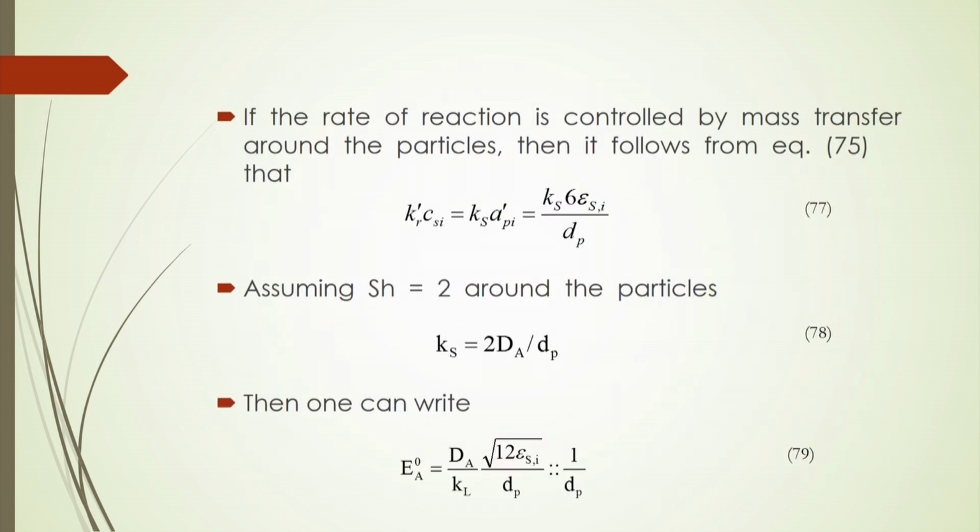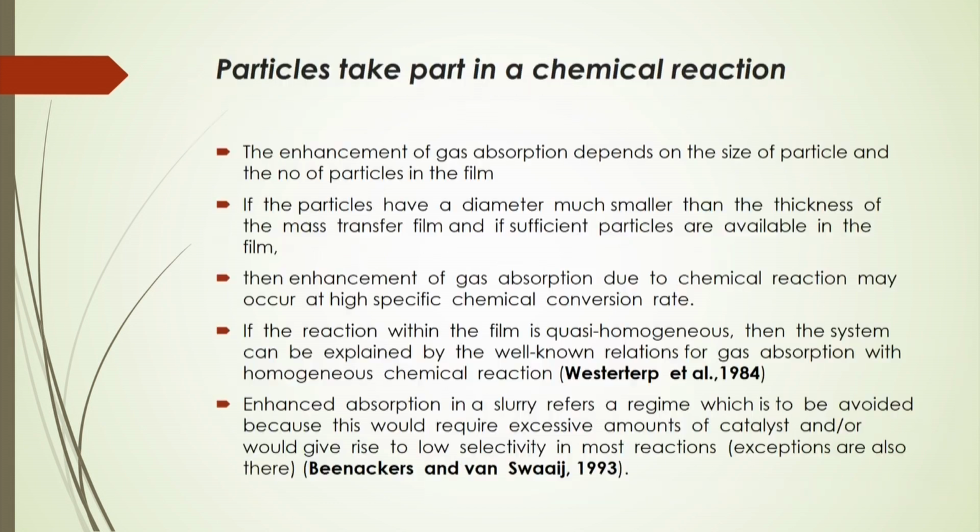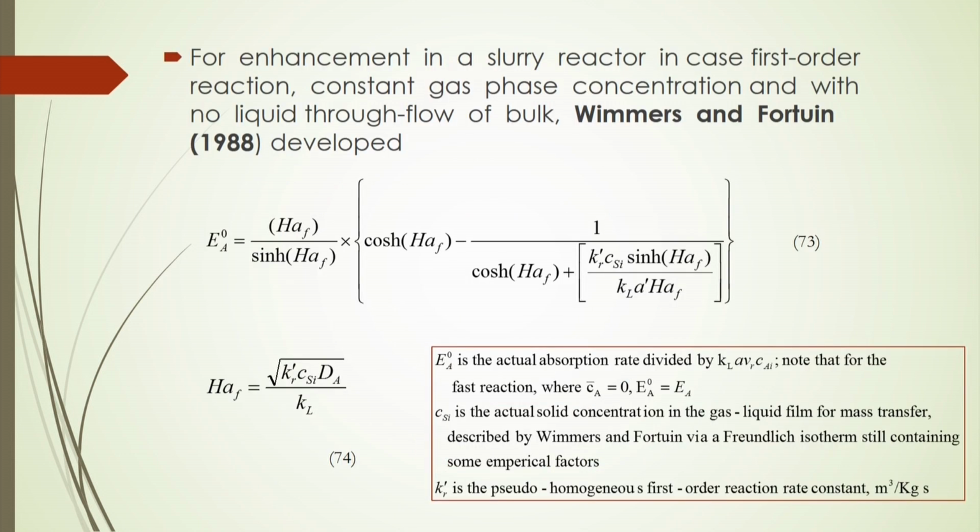And based on that film theory, if the particles take part in a chemical reaction, Westerterp et al., 1984, have given some equations based on their experimental results, and also the enhancement in a slurry reactor in the case of a first order reaction, constant gas phase concentration and no liquid through flow of bulk.